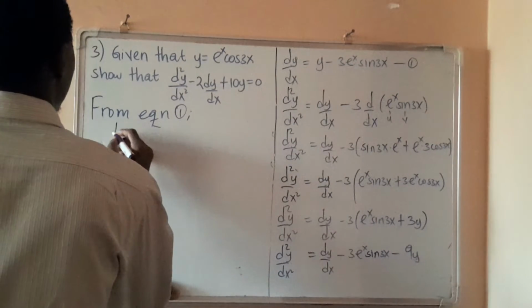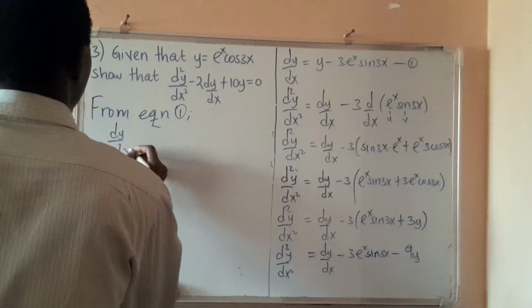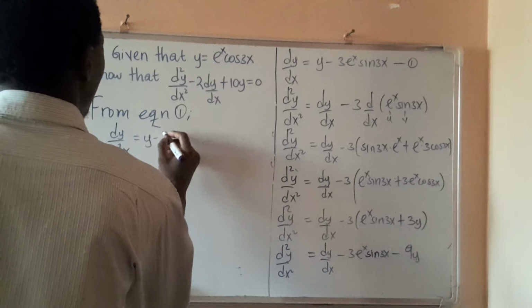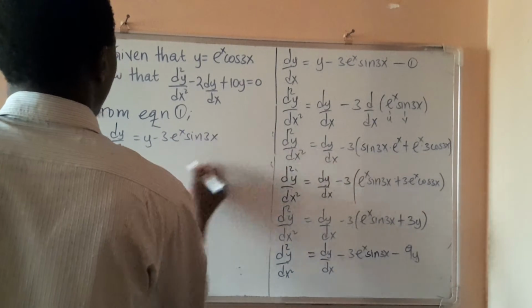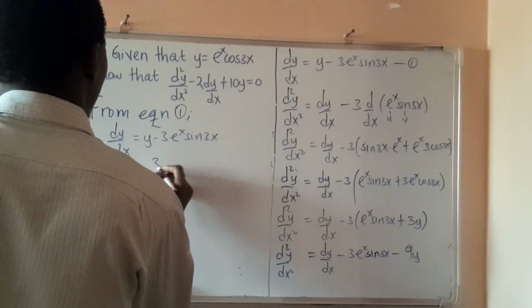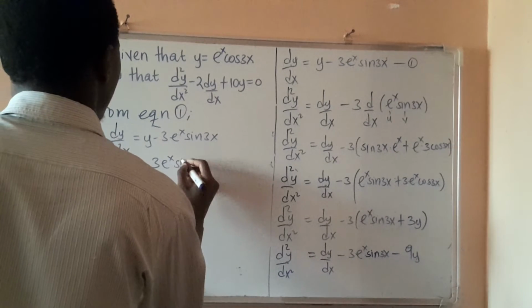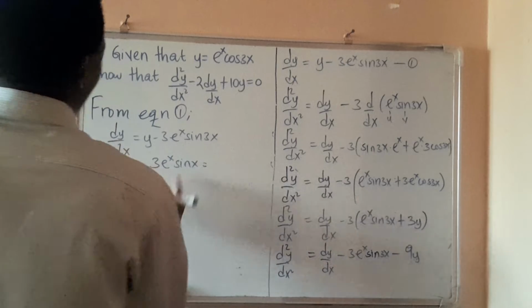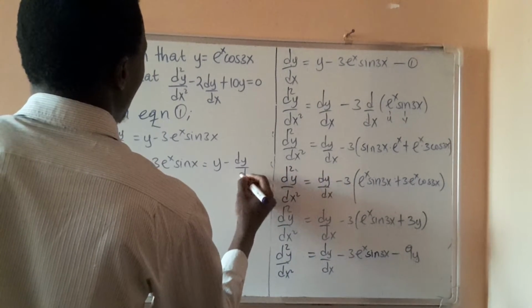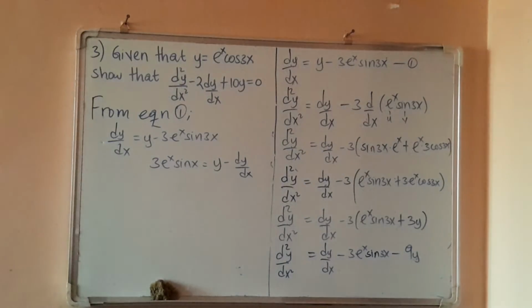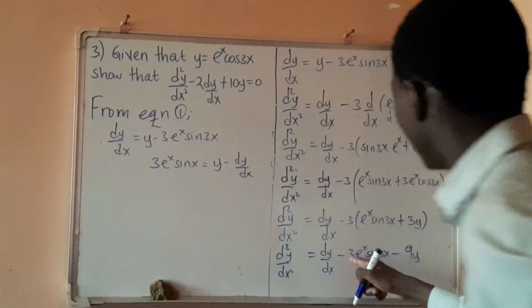Equation 1 is dy dx equals y minus 3 exponential x sine 3x. Make it the subject, we shall have 3 e to the x sine 3x equals y minus dy dx. So substitute it back here.